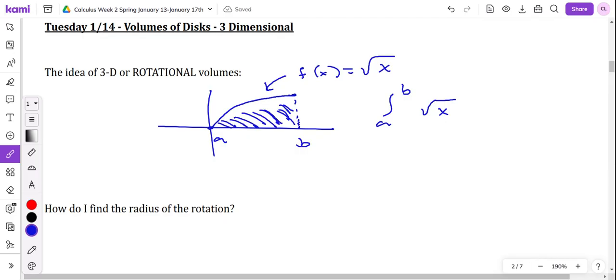So we have this idea that that's two-dimensional, but we live in a three-dimensional world. If it's three-dimensional, how do we make something like this three-dimensional? It's pretty much called rotational volumes, and you spin this thing around the axis. We can have an x-axis here, and we can have a y-axis here, and it creates different shapes.